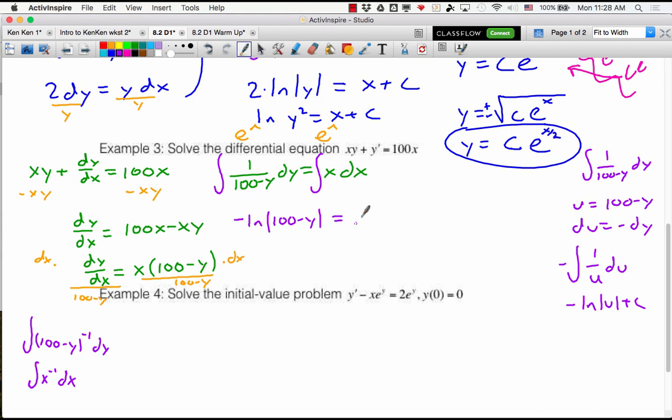And what about the right-hand side? 1/2 x squared plus c. So I suppose the first thing I would do is multiply by negative 1. I would get natural log of (100 minus y) equals negative 1/2 x squared. And can I just call that plus c, you guys mind?